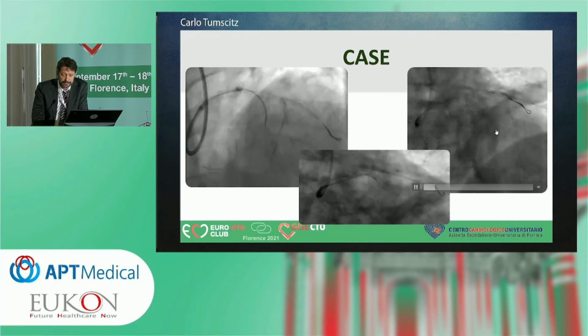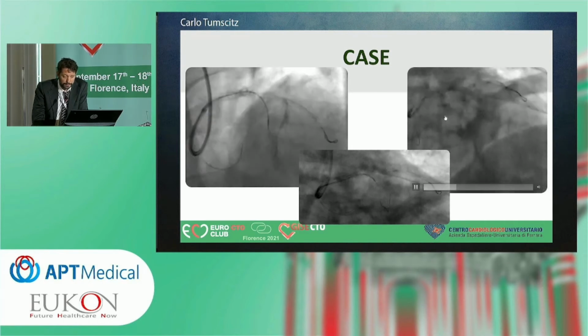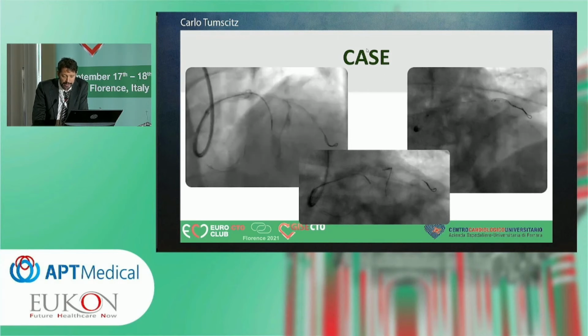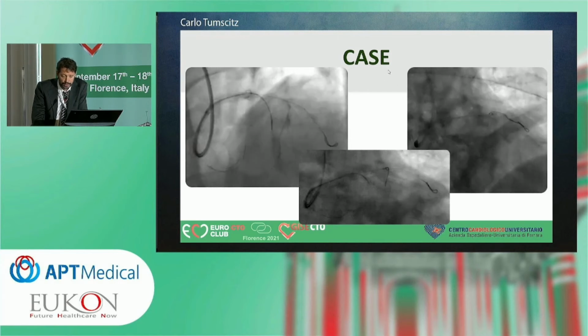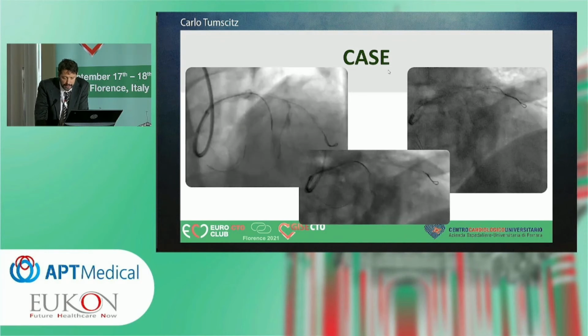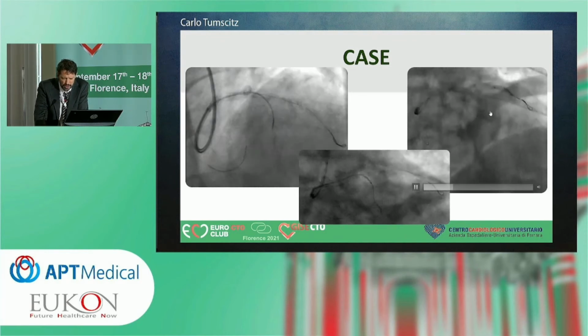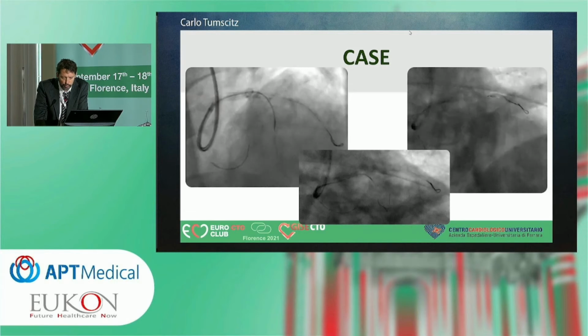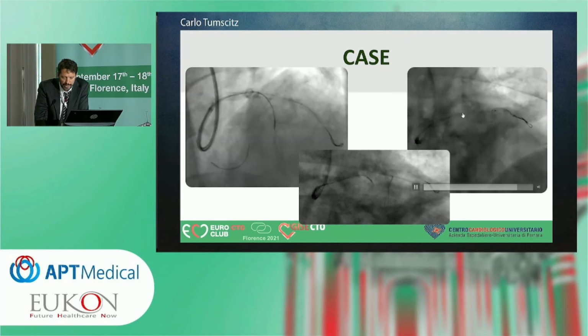After that, I won't show you, but the Corsair was not able to cross this tight angle, so we shifted to an APT catheter, and as you can see, the images are not very good, but the microcatheter was able to cross this angle very easily.